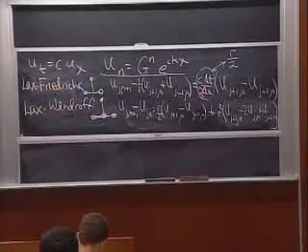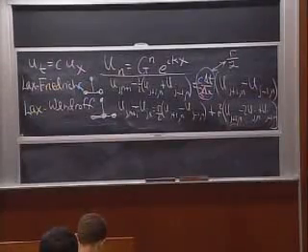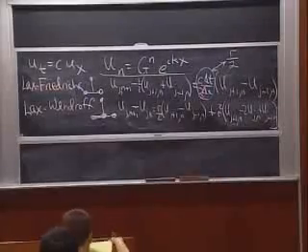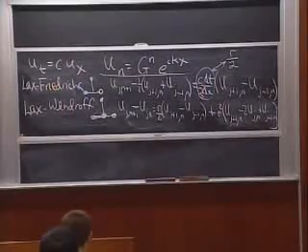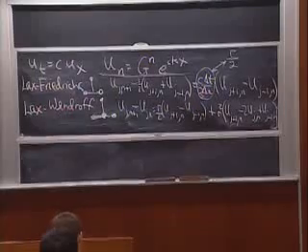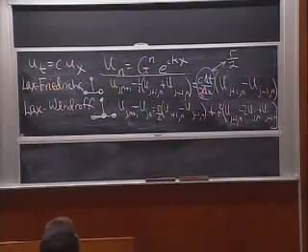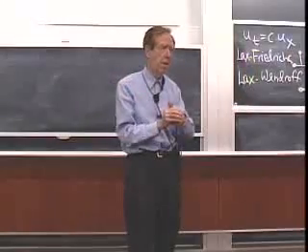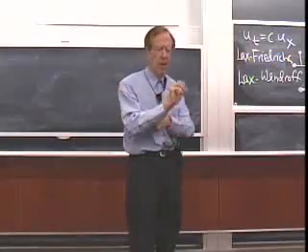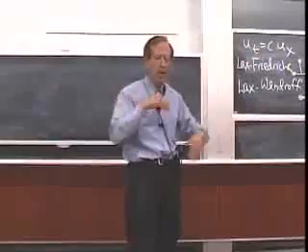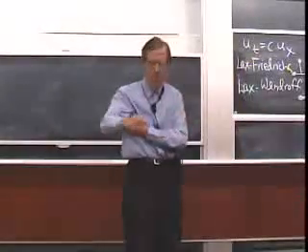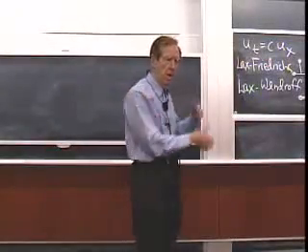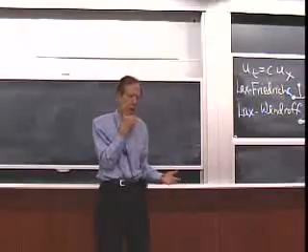I emphasize finite speed because for the heat equation, the speed is infinite. As soon as you change an initial condition, at any later time, you immediately feel the effect. Well, probably a small effect way out. So diffusion travels with infinite speed. Waves travel with finite speed.